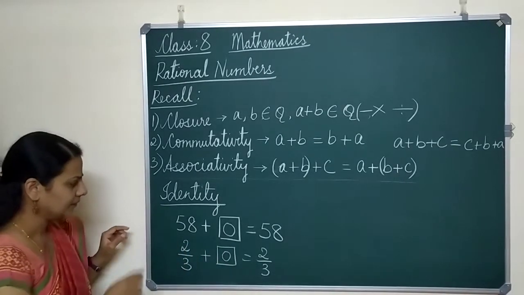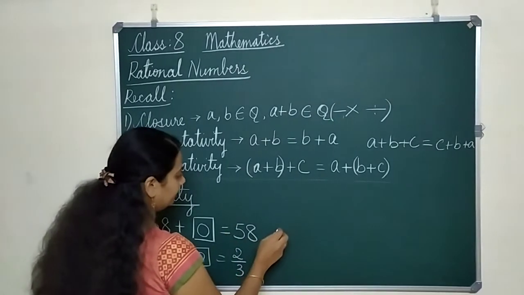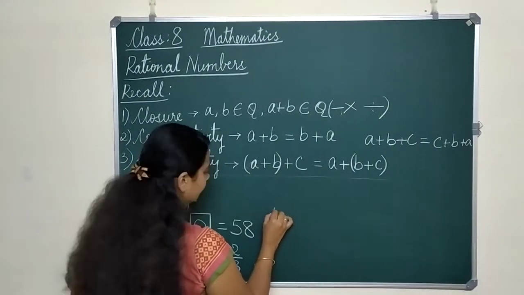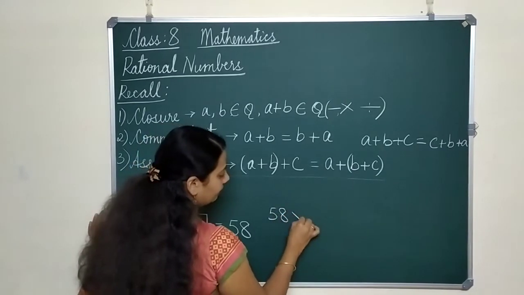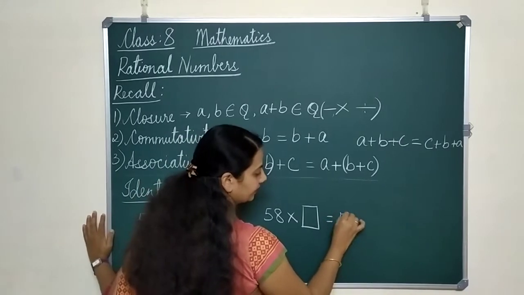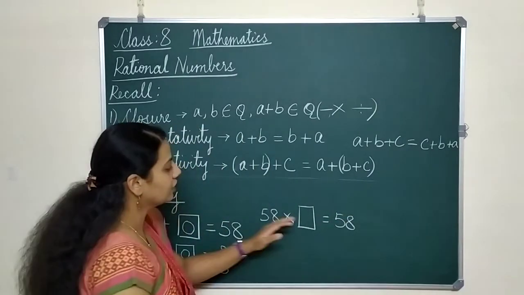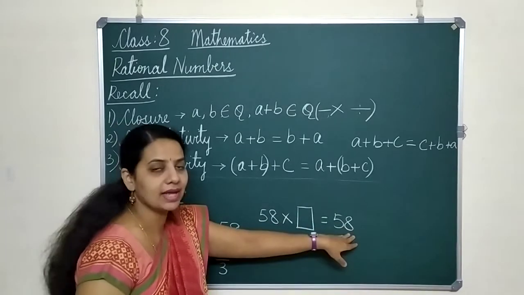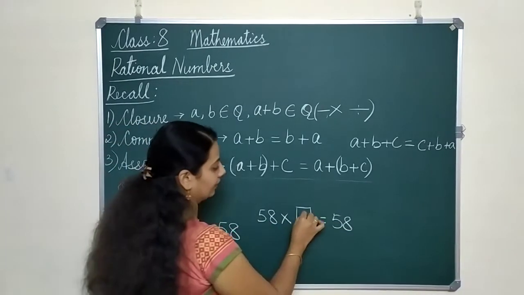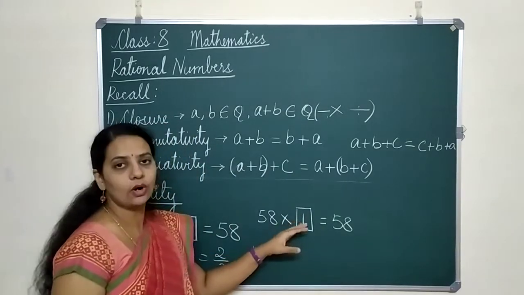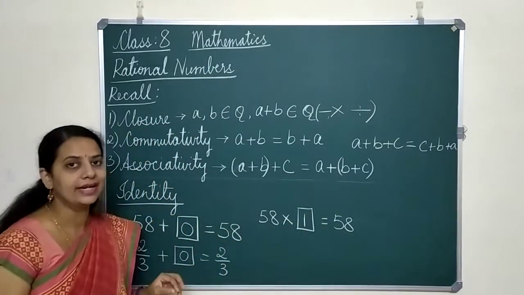Understood? Now coming to multiplicative identity. Say for example 58 itself. Now we are multiplying with some number to get the same answer. Which number if you multiply by 58, you get the same answer 58? That is 1, right? 58 ones are 58. So 1 is called the multiplicative identity.